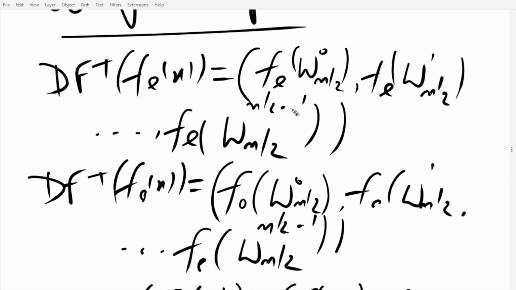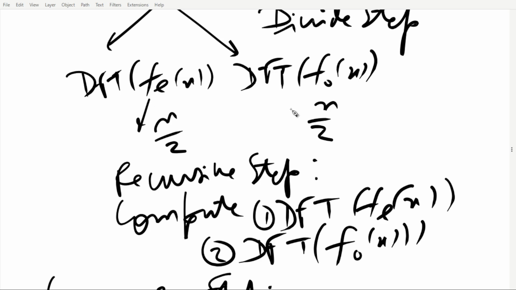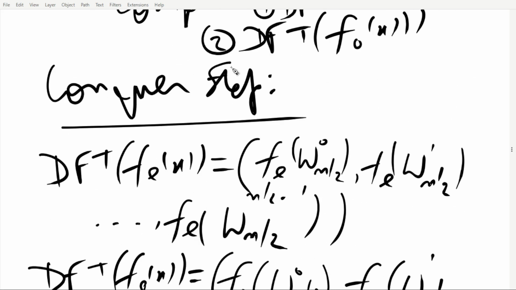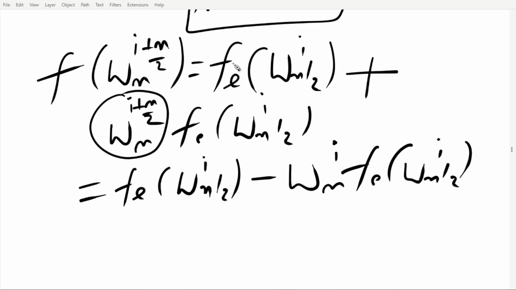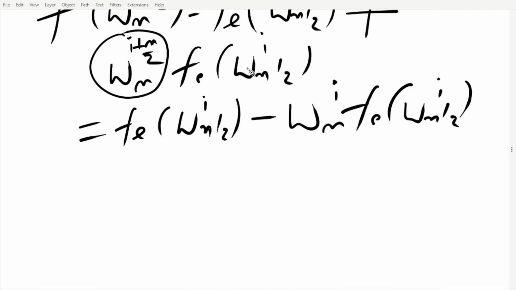In the divide step also, we can easily see, the divide step is basically dividing into two subproblems. This again takes linear in n time. So now we can write the recurrence relation and solve it.